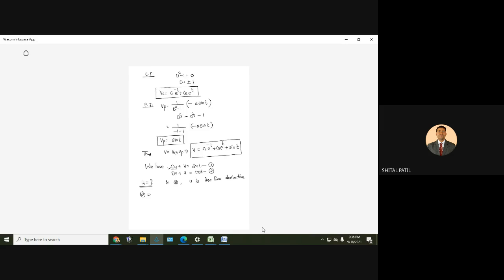so equation number 2 implies u equal to cos t minus dv. Cos t minus d of v, C1 e raised to minus t, C2 e raised to t plus sin t. So cos t minus of C1 e raised to minus t after derivative.